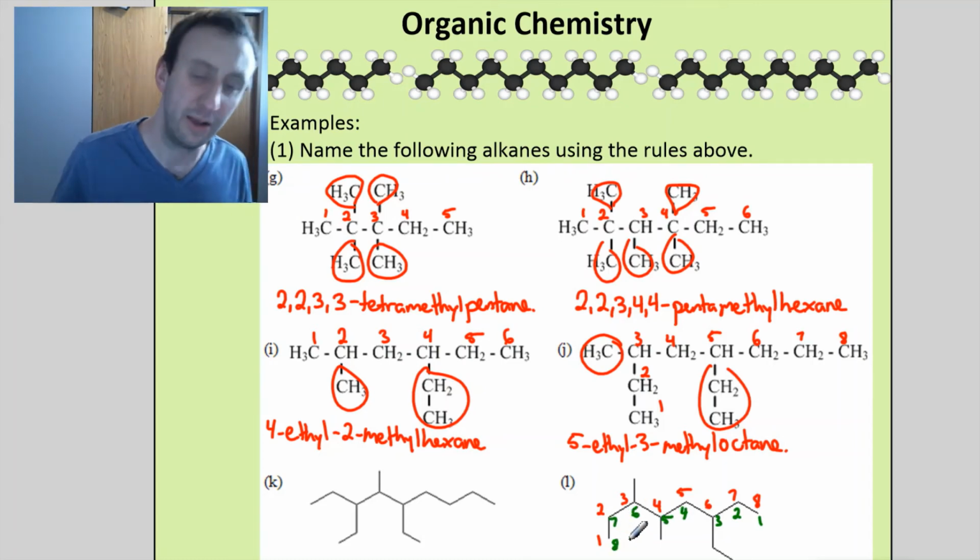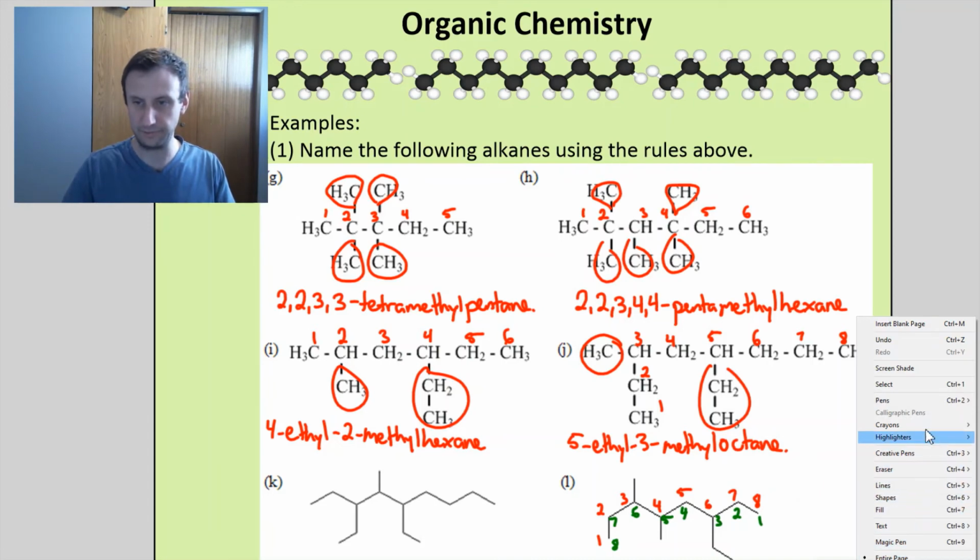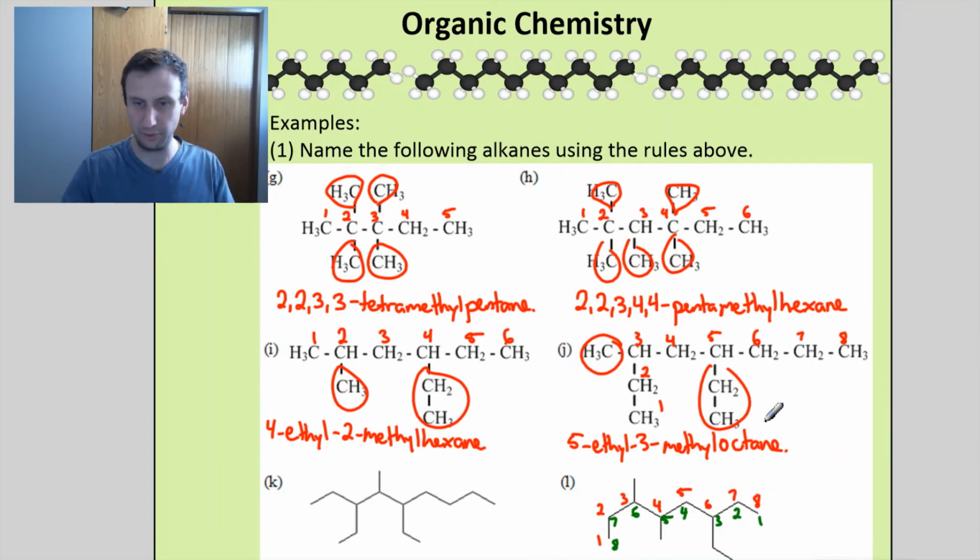Between red and green, which set of numbers do you think is the better set of numbers? Both reach 3 at the same point, right? Like both have a branch on 3, but red has a lower total. So if I add together all the branches for red, I should change my color so I can show you this properly.